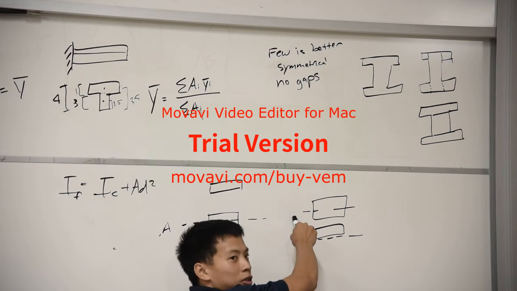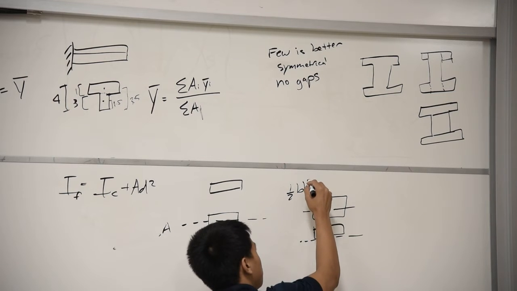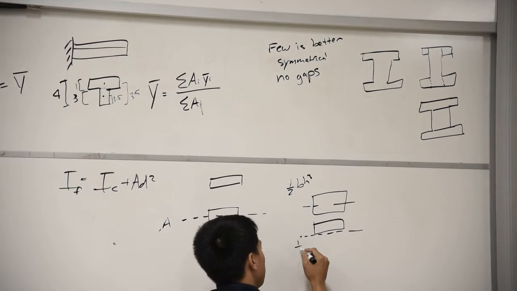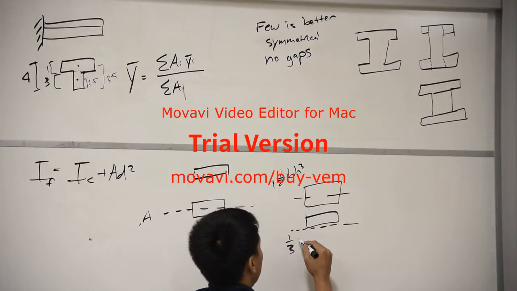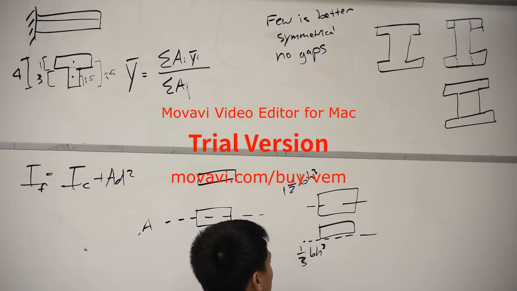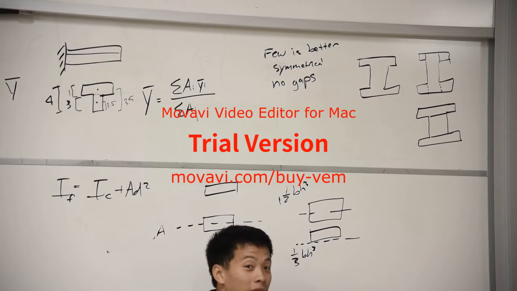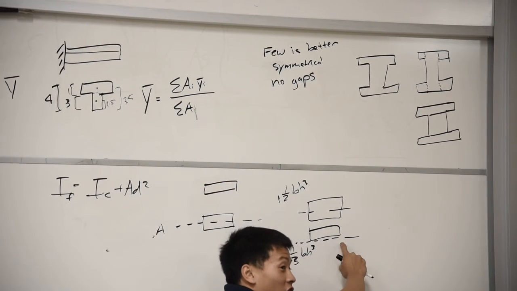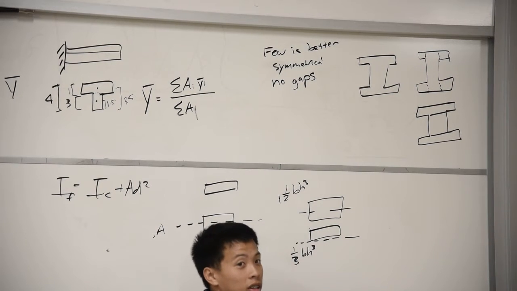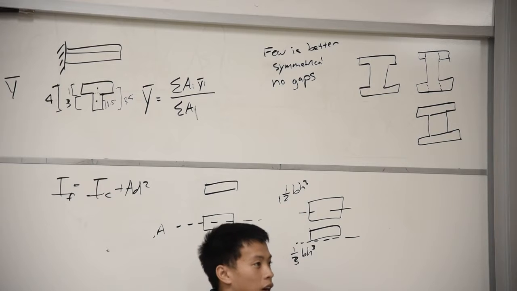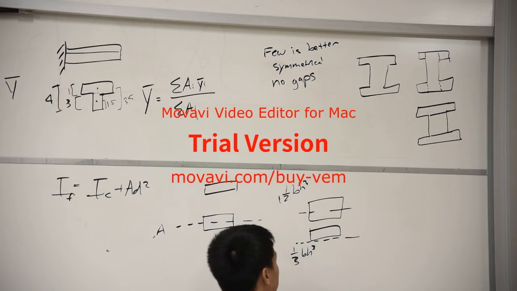I believe this one is 1/12 bh cubed or whatever, and then this is 1/3 bh cubed. Remember to get your bases and heights right. The base is going to be along the axis, parallel to the axis, and the height is going to be perpendicular. You might want to draw this. If you just flip to the back of your book, it'll tell you all the I values. Make sure you know the circle ones too.